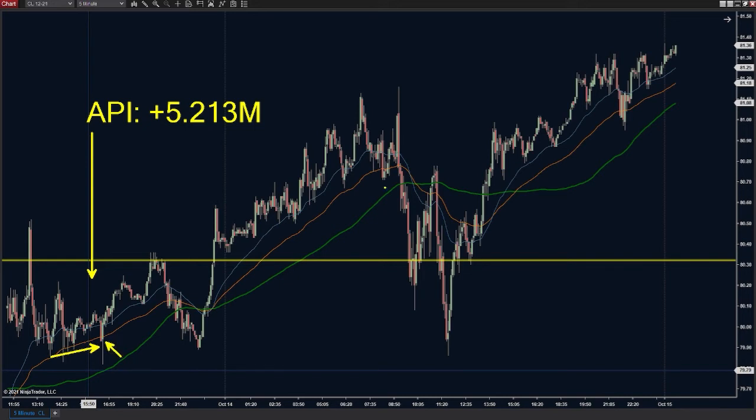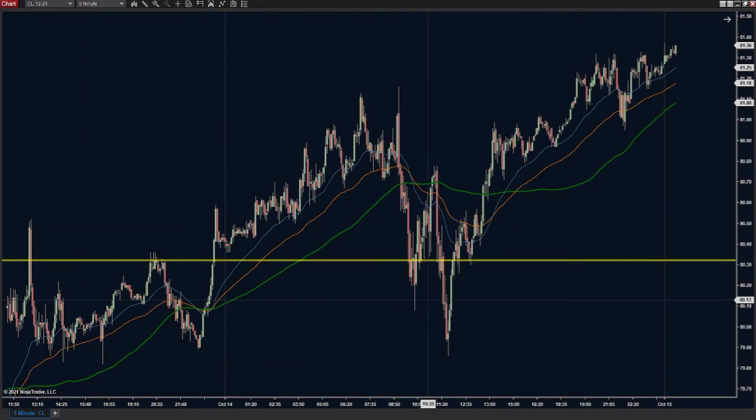Now, what's interesting is when we go into the inventories the next day, which happens at 10:30, that happens over here. This was the inventory report. And you'll notice what happened. The inventory report ended up being bearish. Now remember, the number came out at 6.088 million. The API report told us that we should expect around 5.2 to 6 million, and it came out as expected at around 6.